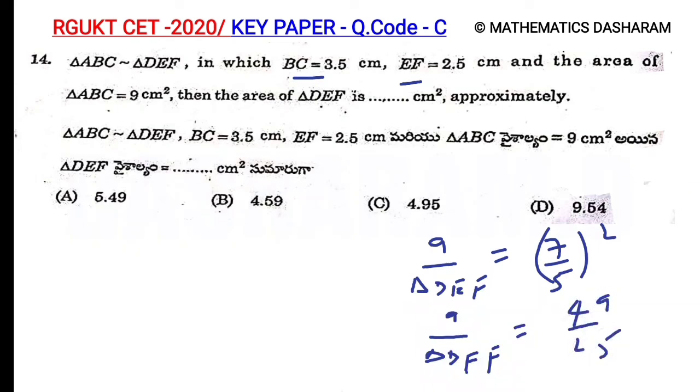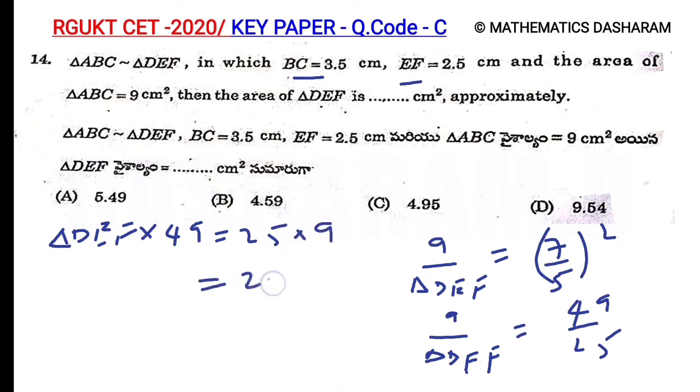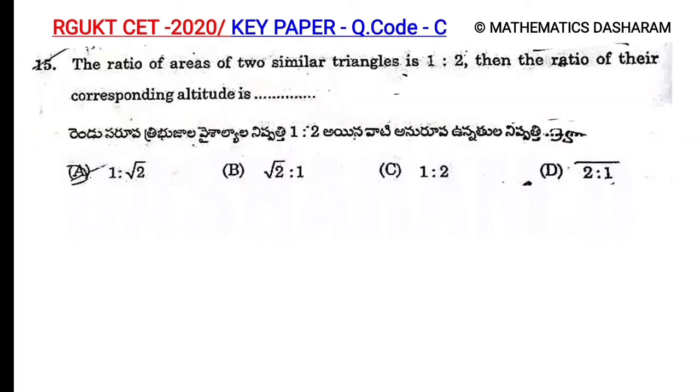So next do cross multiplication. So DEF into 49 equals 25 into 9. So it is equal to 25 into 9 divided by 49. So convert into decimal. So it is equal to 4.59. So option B is correct.